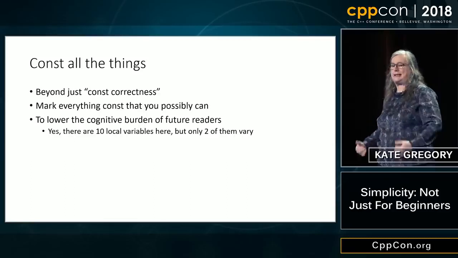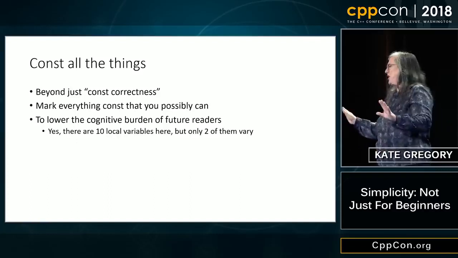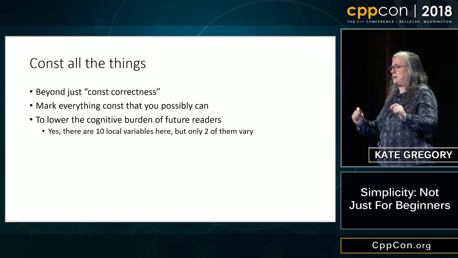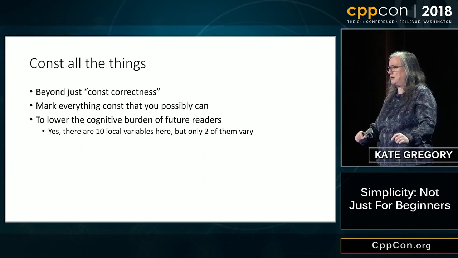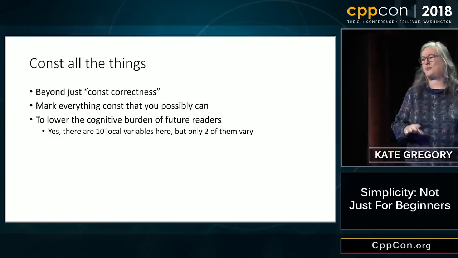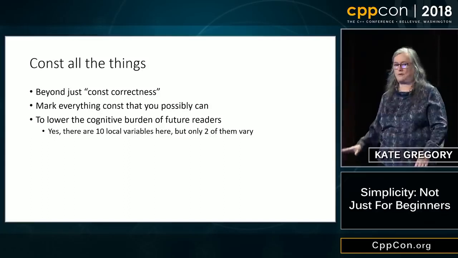They've got names to lead someone through the calculation. So marking them const, it's not preventing a bug or enabling optimization or all the reasons we tell you to const. But when I come into this code 15 years from now, I'm going to say, you have 10 variables, but you don't really. Only 2 of them continue to change after their first value.